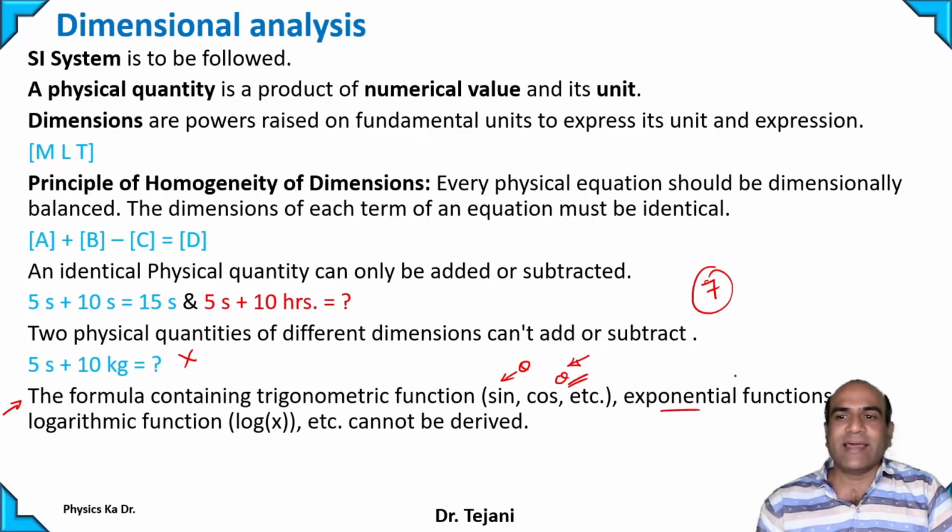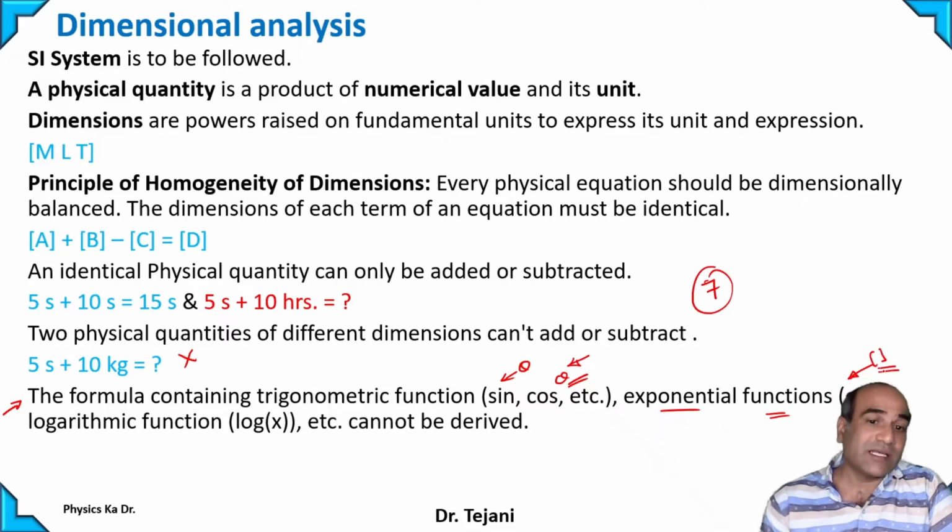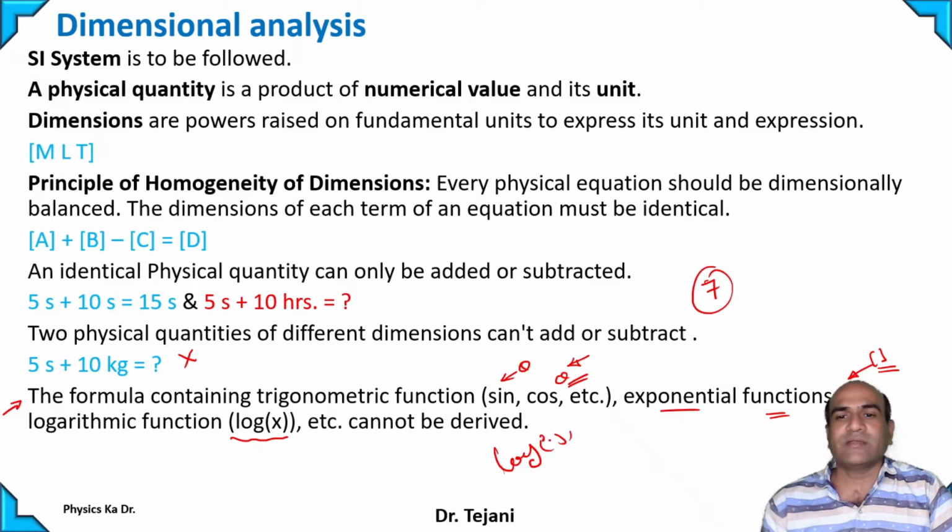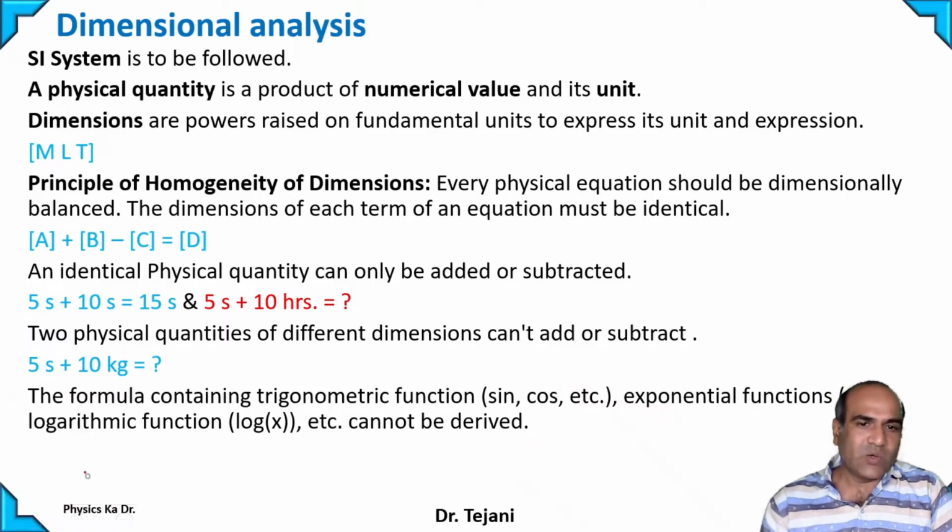The next is the exponential function e power x. For the exponential function also, there is no dimension. Dimension is 0. These are the dimensionless functions. And it is applicable to log. If it is under log, that also becomes dimensionless. And this cannot be derived.